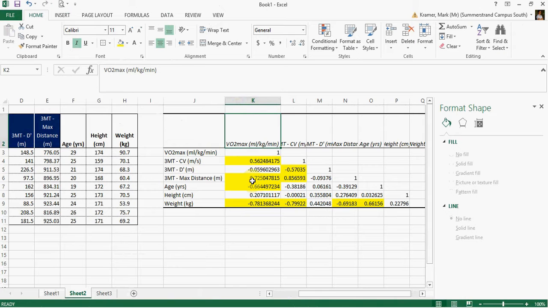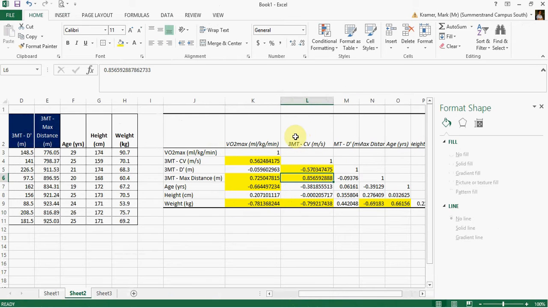I'd also want to check which of these values that I want to start including in my model correlate quite highly with each other. So you can see here that, for example, my 3MT critical velocity is quite highly correlated to my 3MT maximum distance. This is getting really specific now, but these might interfere with each other in the model. But we'll see how that goes.